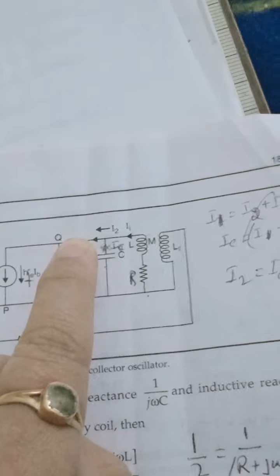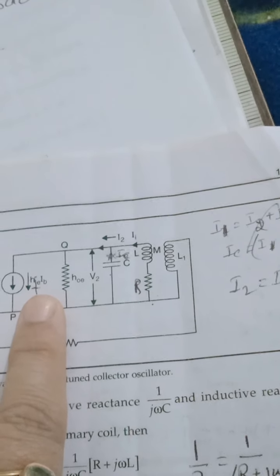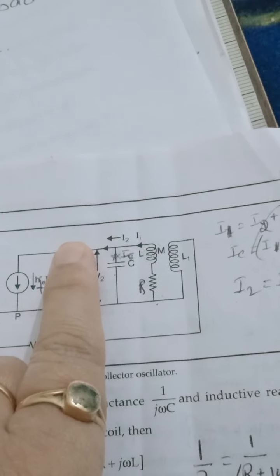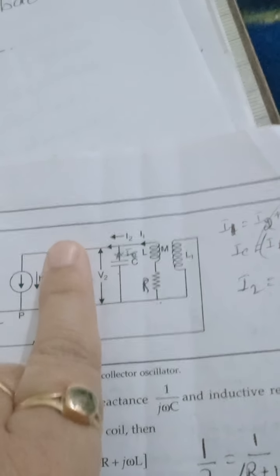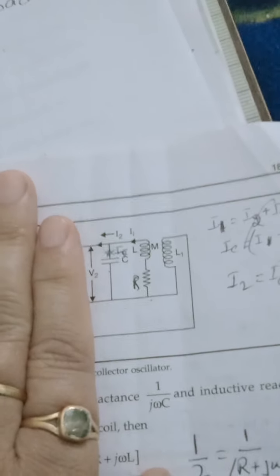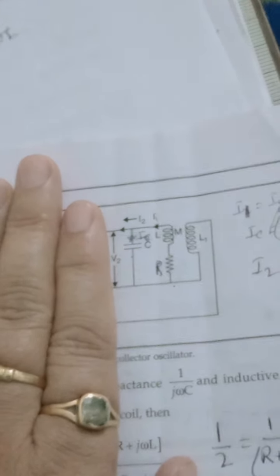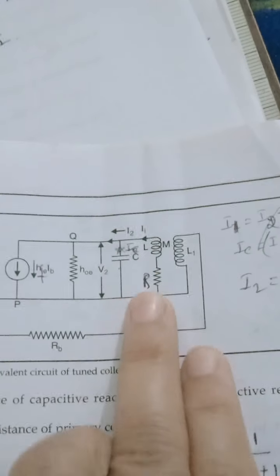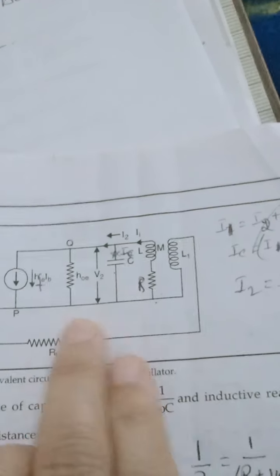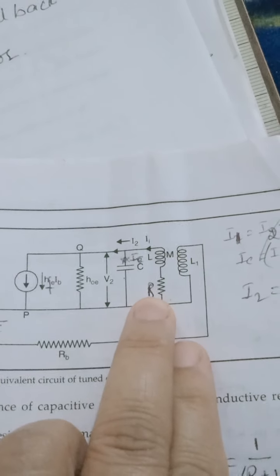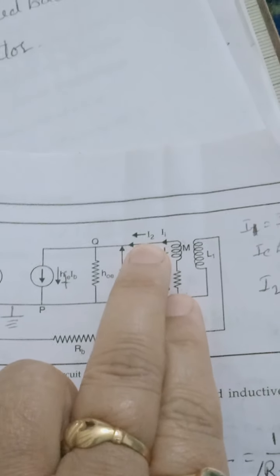Because as per the sign conventions of H parameters, all the currents flowing inward are positive. But actually this is the transistor, and from the transistor the current is flowing to this circuit. So V2 will be the impedance multiplied by the current flowing through it, and the current flowing through it will be the opposite of I2, that is minus I2.